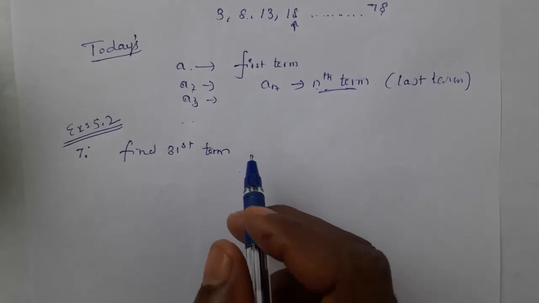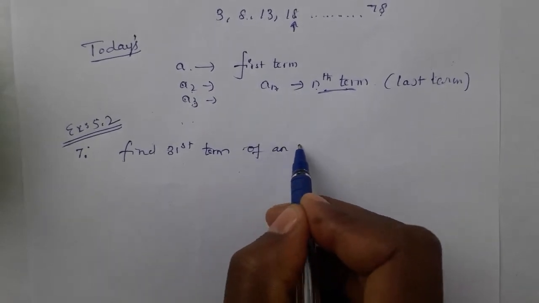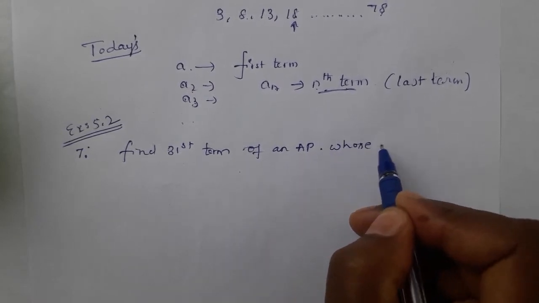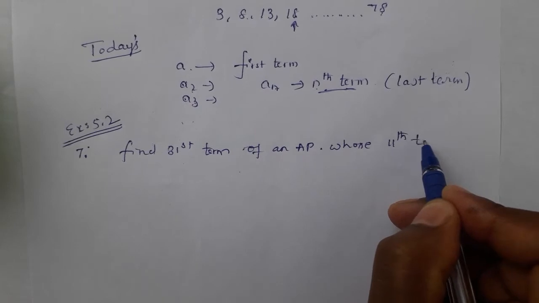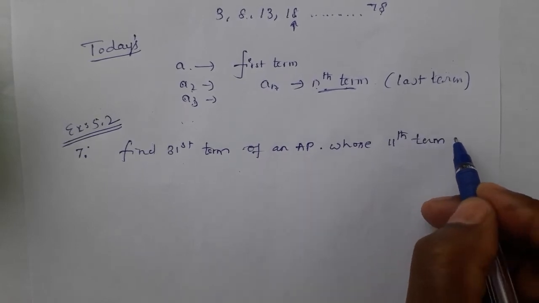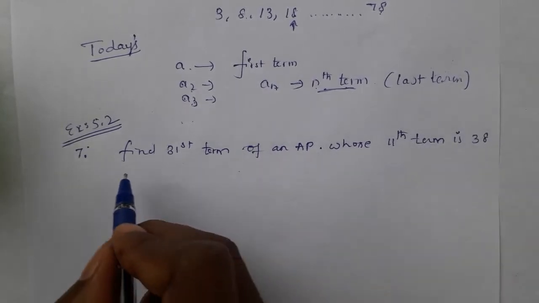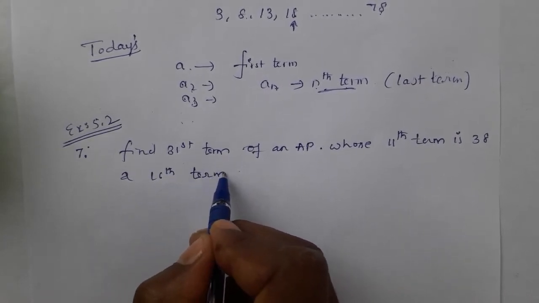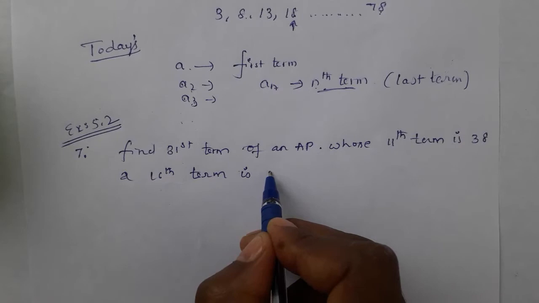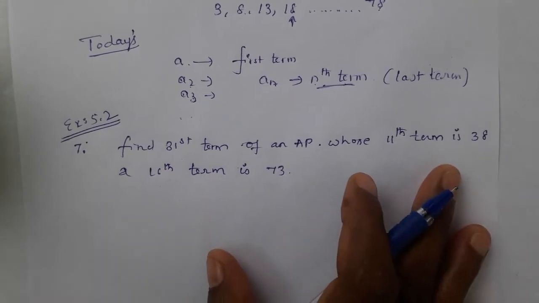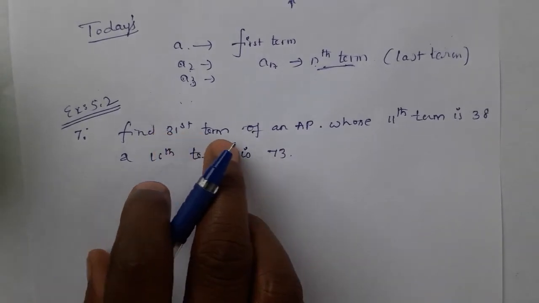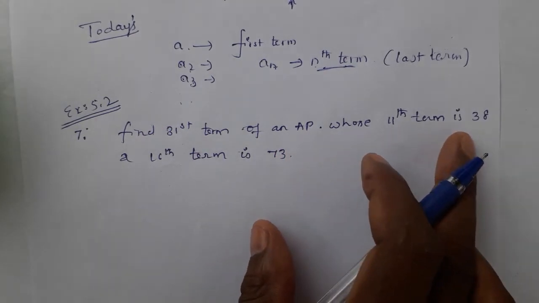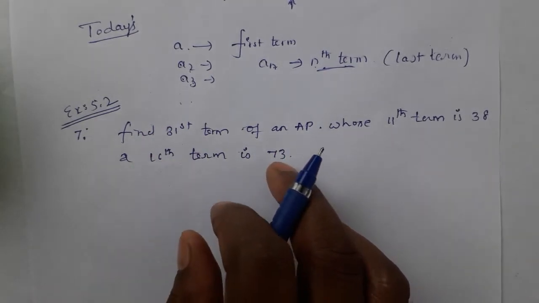Remember, find the 31st term of an AP whose 11th term, 11th term means 11th sitting person, is 38, and 16th term, 16th sitting position, is 73. This is the question. Find the 31st term of an AP whose 11th term is 38 and 16th term is 73.